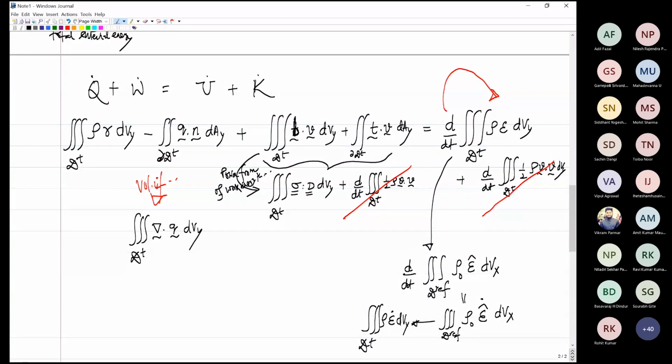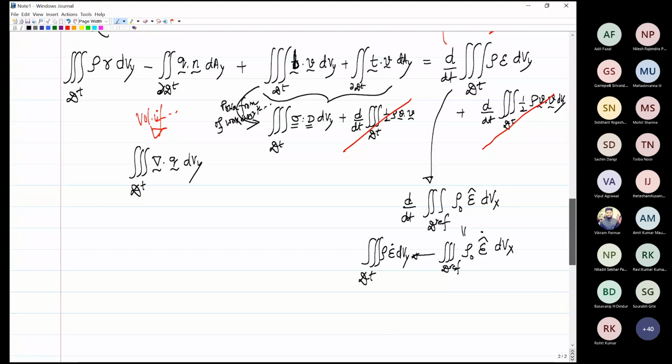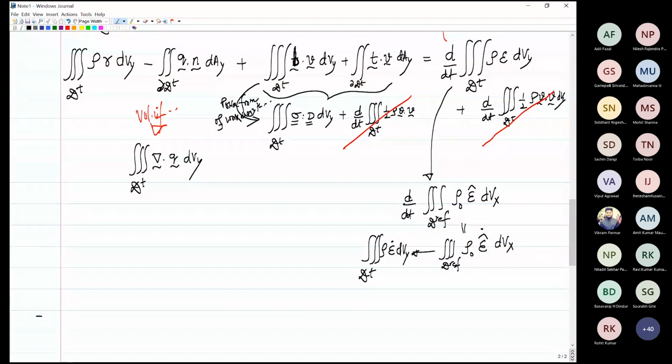So what you see is that effectively you are just putting a dot over epsilon, but we had to go in steps anyway. So putting all of them together, all of them are now volume integrals over dt.